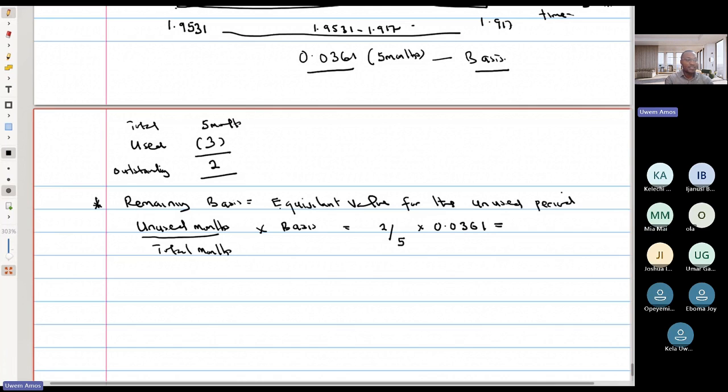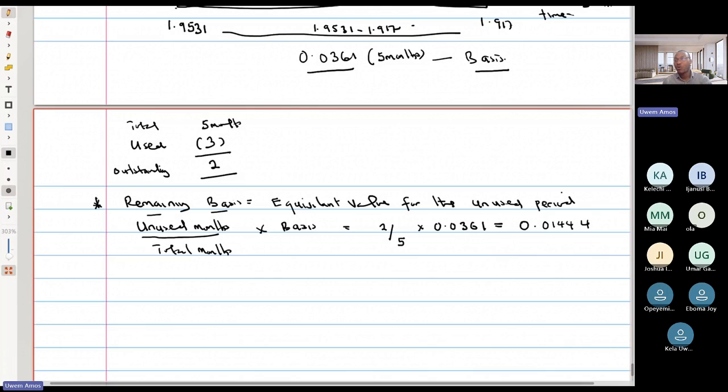That is 2 divided by 5, multiplied by 0.0361. So that gives us 0.01444. That is the value for the remaining basis or the remaining period.